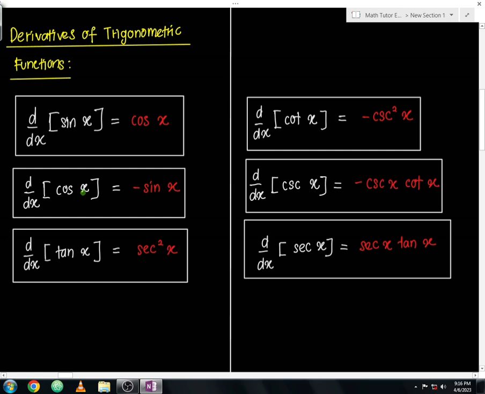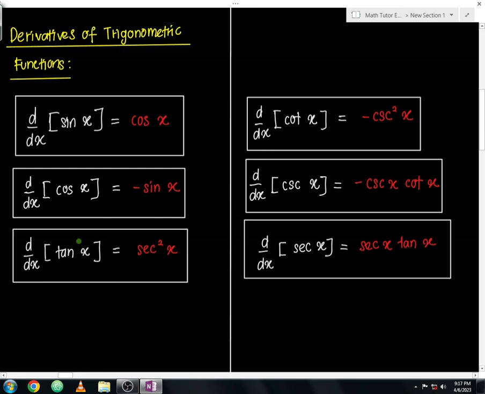Let us move on to the third one. d over dx of tangent x, or tan x. When we differentiate this trigonometric function, you should be getting secant square x. By the way, there is an explanation for why differentiating tangent x leads to secant square x.